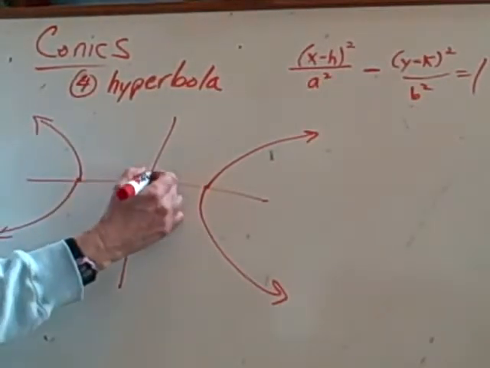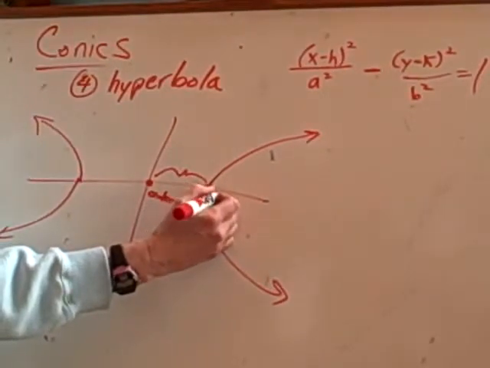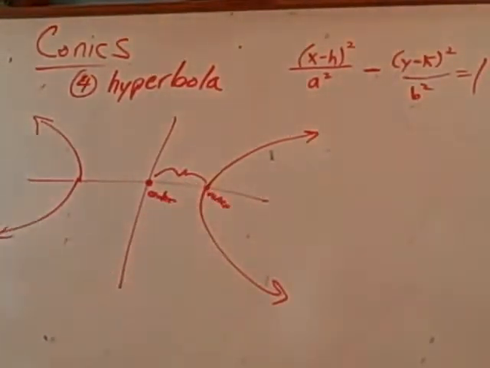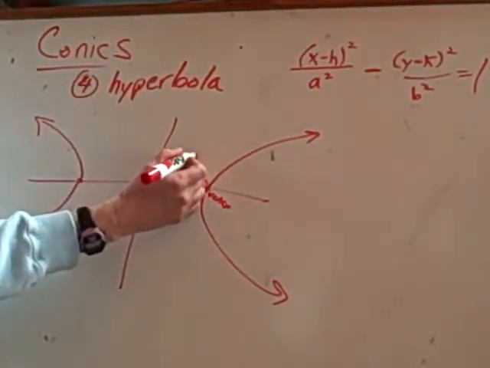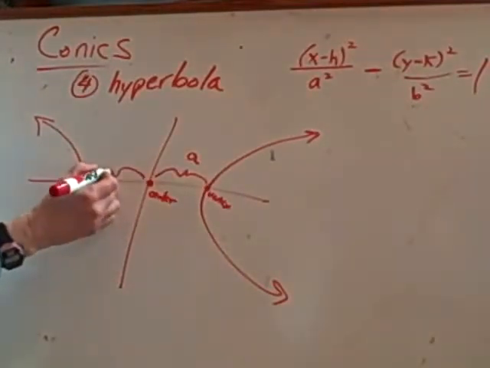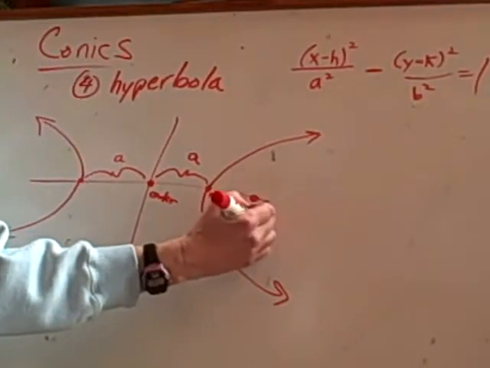Now, this right here, in this case, would be my center. The distance from the center to the vertex, because that would be kind of like a vertex. Yes, we would call it a vertex. That's going to be A. So this is the same distance here, A. I didn't draw these in, but they do have foci.